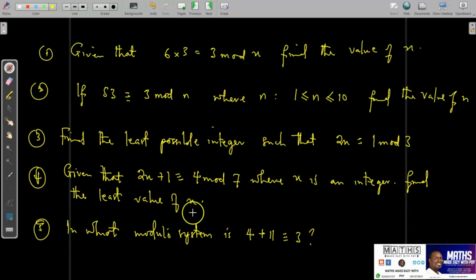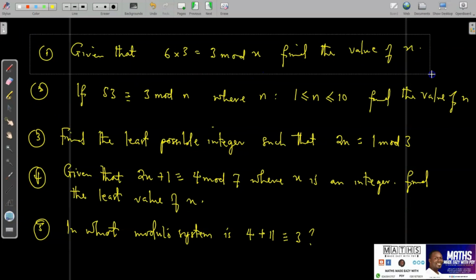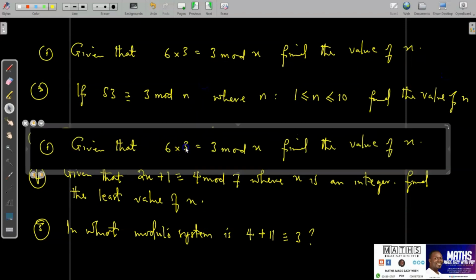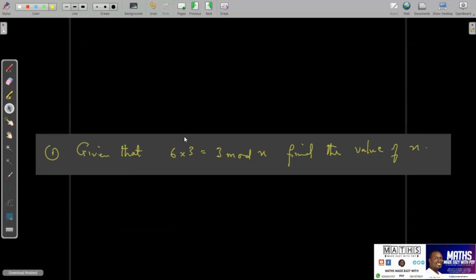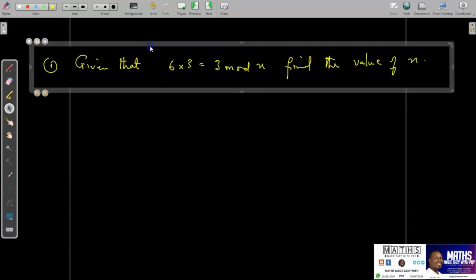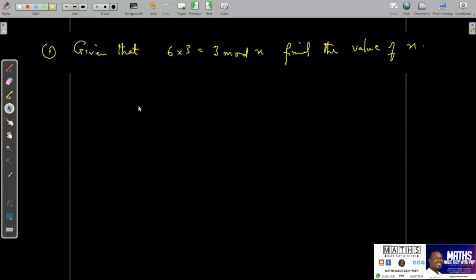So let's take it one after the other. These are some of the questions involving equations in modular arithmetic. Taking the first question into consideration, we are told that given that 6 times 3 is equal to 3 mod x, find the x value.